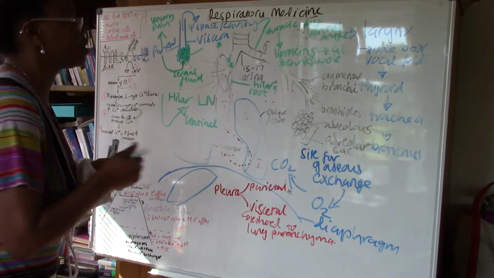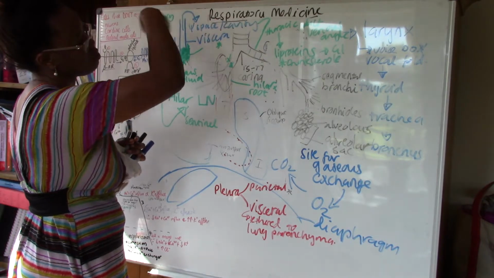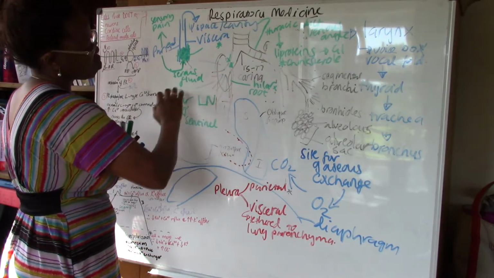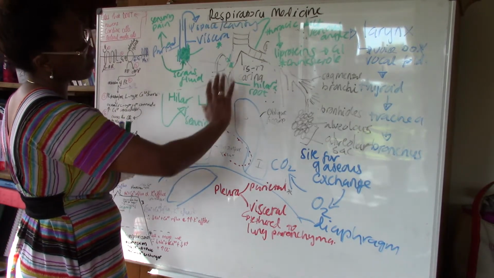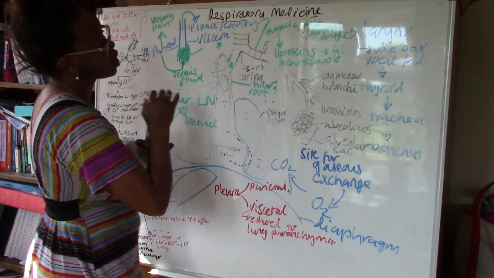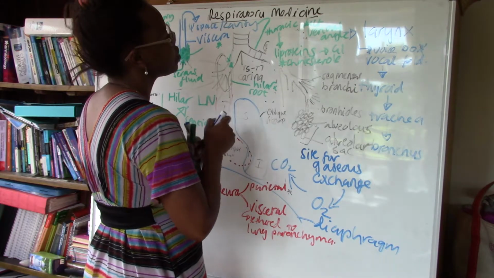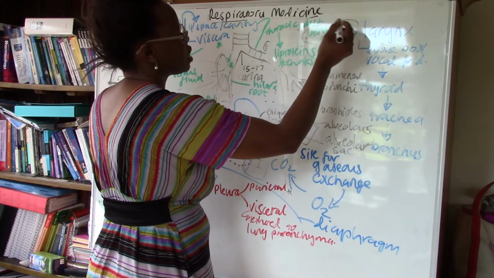It carries all those from the GI tract into the venous circulation, and it also carries all that lymph fluid from the hilar and from the thoracic cavity back into the circulation. It enters the circulation at the venous angle.